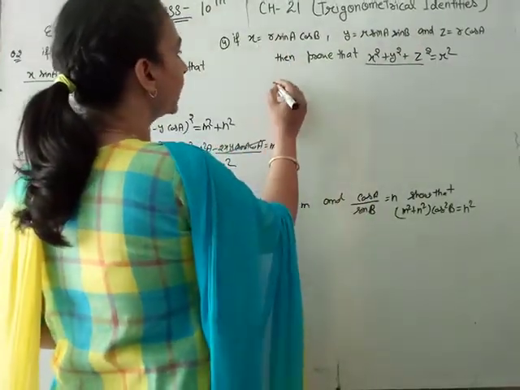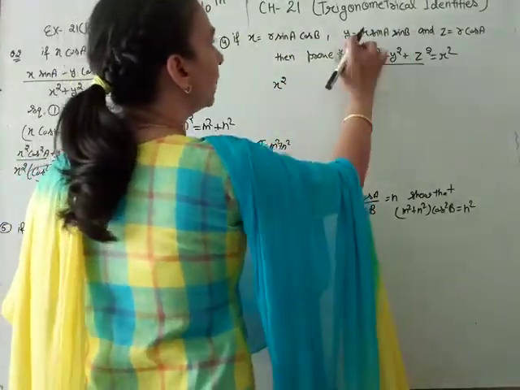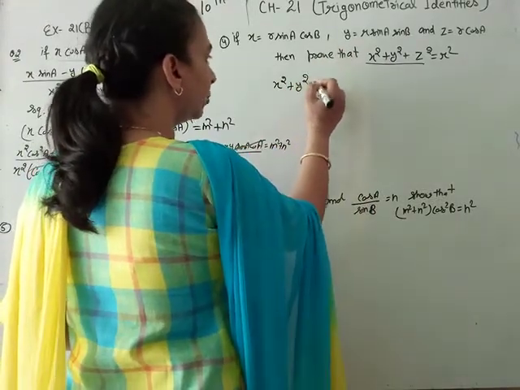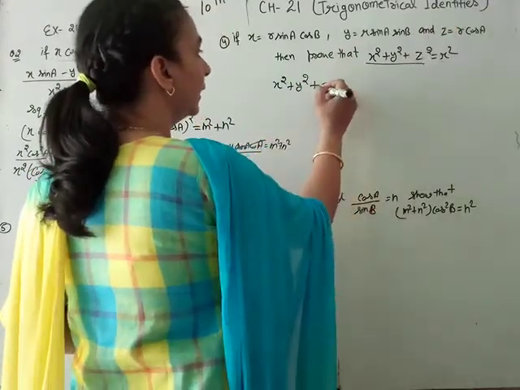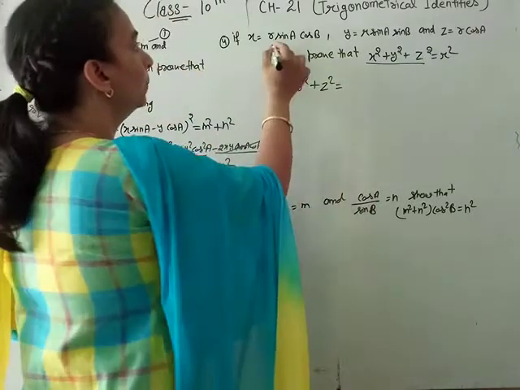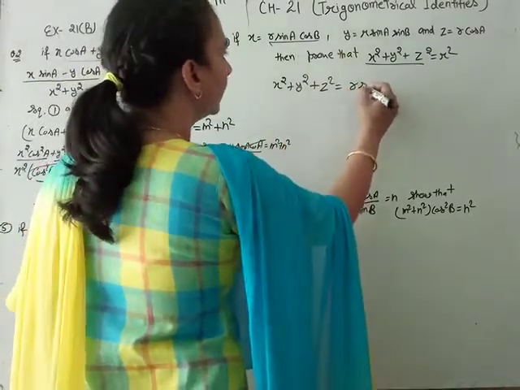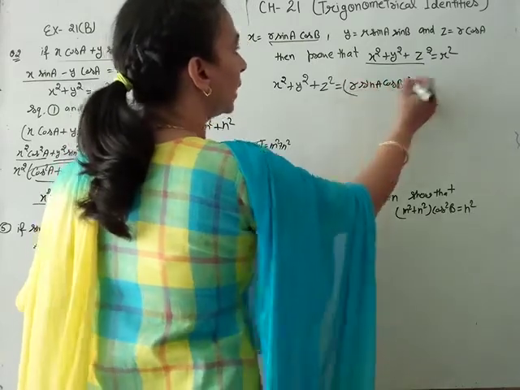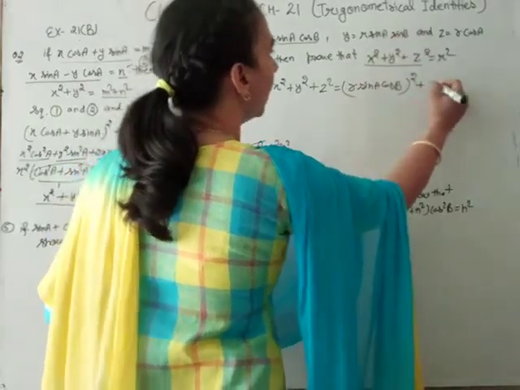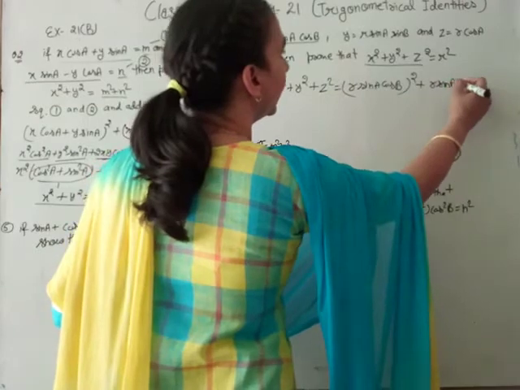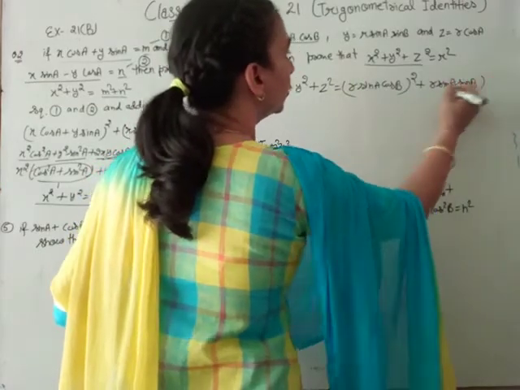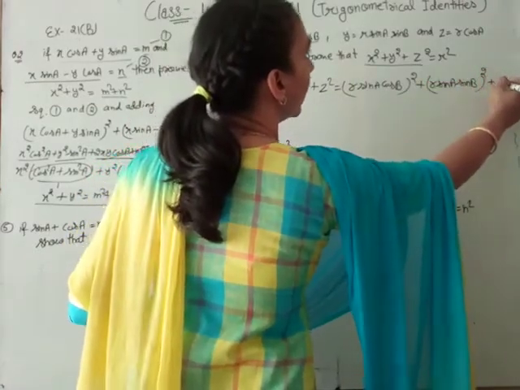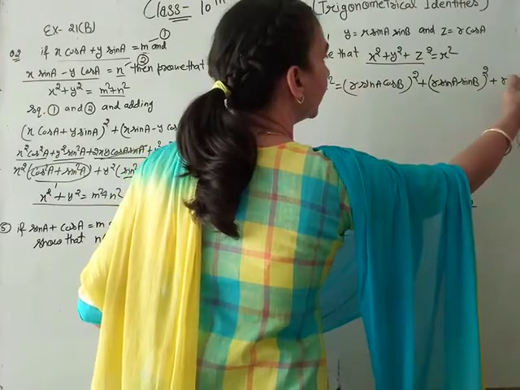If we square and add, then x square plus y square plus z square, left added to left and right added to right, equals the square of this: (r sin a cos b) square plus (r sin a sin b) square plus (r cos a) square.